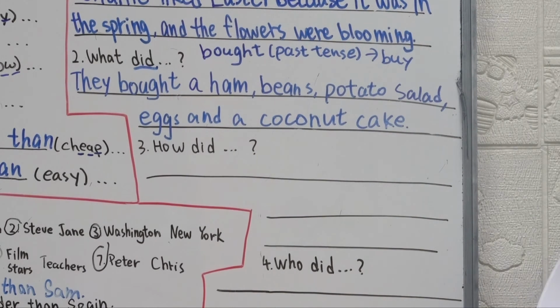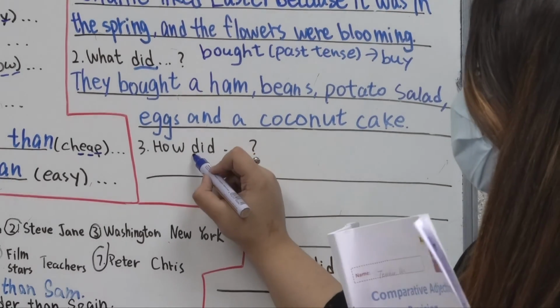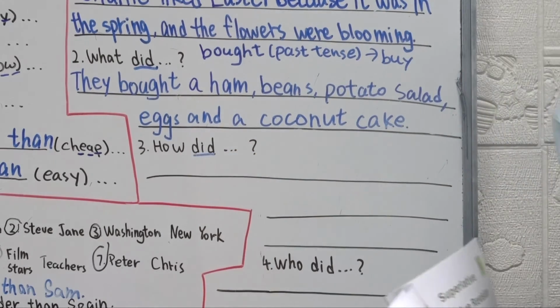Alright. 3. If you're done with 2, let's move on to number 3. How did Charlie and his parents decorate the house for Easter? So as always, when you see did, you know you have to use past tense, right?